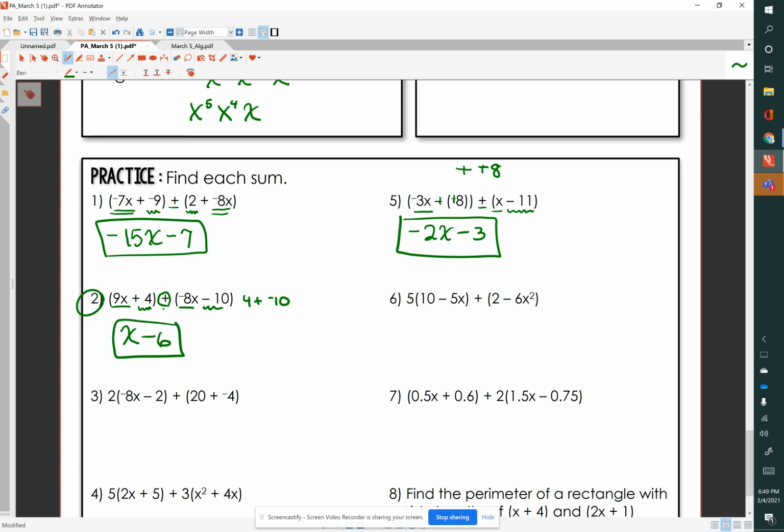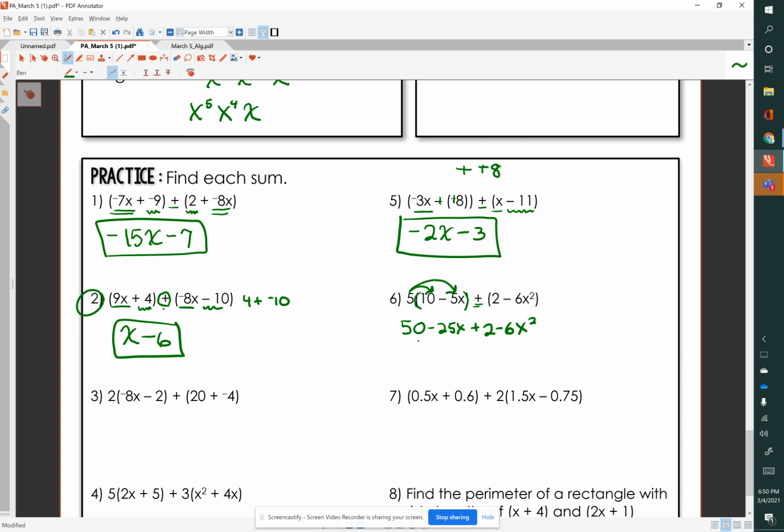Number 6, we have 5 times the quantity of 10 minus 5x. Then we're adding 2 minus 6x squared. First, we have to distribute. 5 times 10 is 50. 5 times negative 5x is negative 25x, plus 2 minus 6x squared.